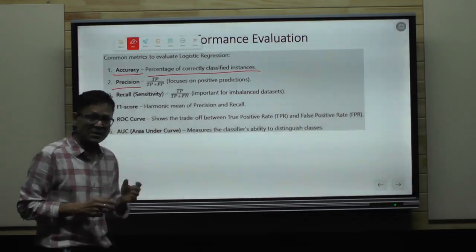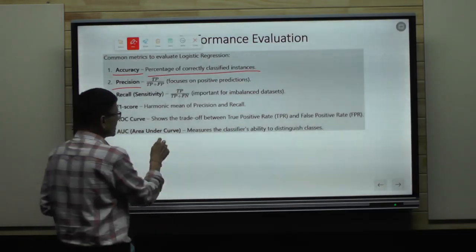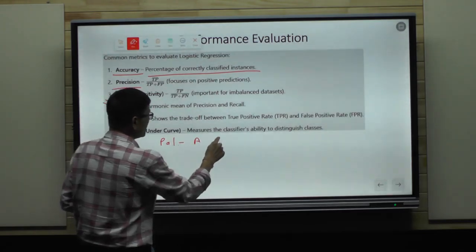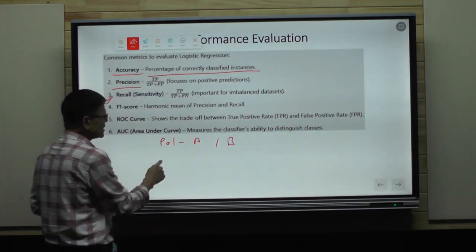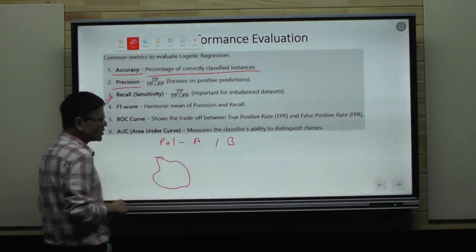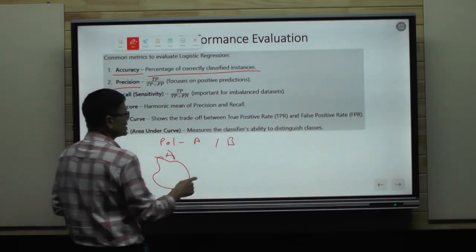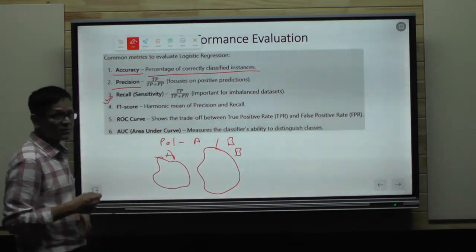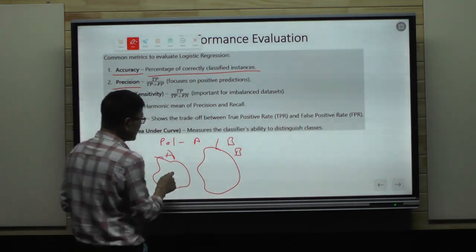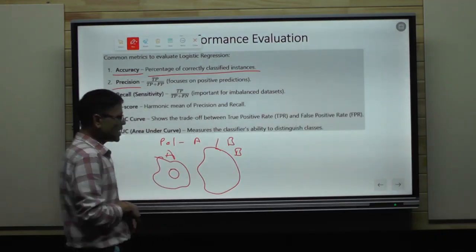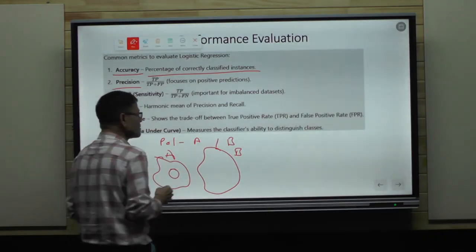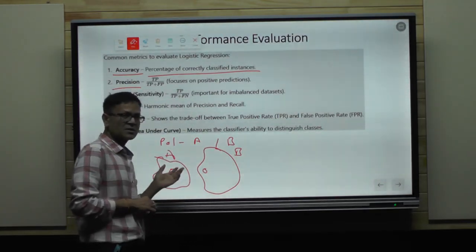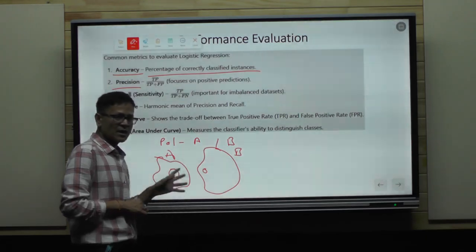Now how can it become imbalanced? For example, let's say there are two kinds of political party, A and B, for simplicity. There is a geographical region that belongs purely to A, and there is a geographical region that belongs to B. Now, if the samples collected in the data set are mainly from region A, and only some of the samples are collected from region B, then obviously this data set favors A as the winner in the incoming election.